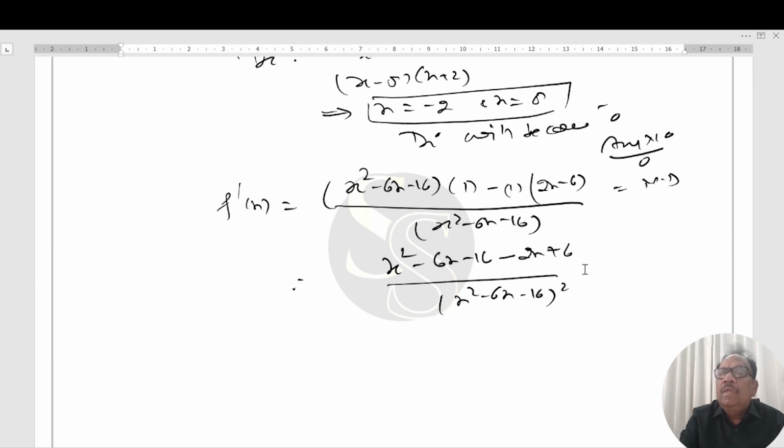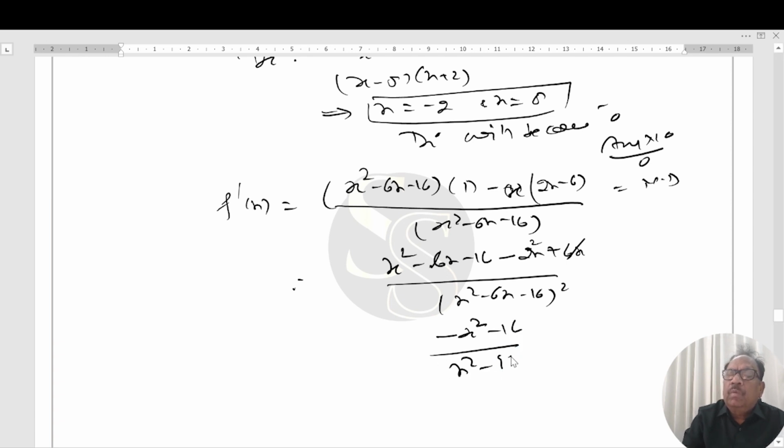Right? This is x. This is x. So this will be 2x square plus 6x. This 6x goes. Remaining comes out to be minus x square minus 16 divided by x square minus 6x minus 16 whole square.